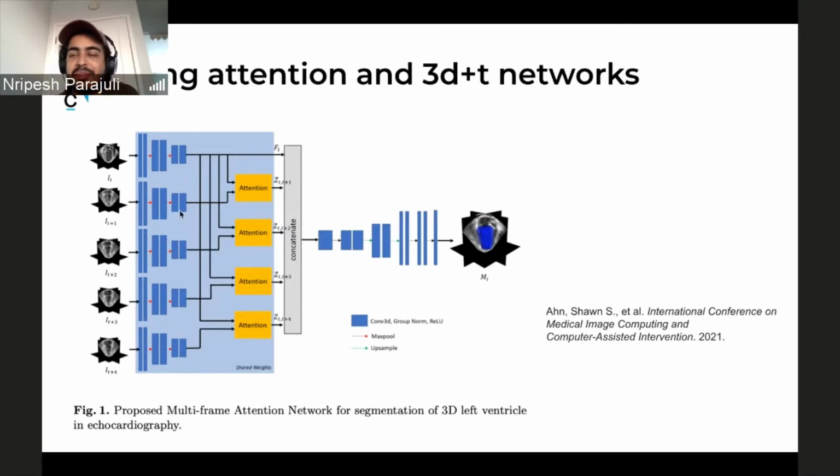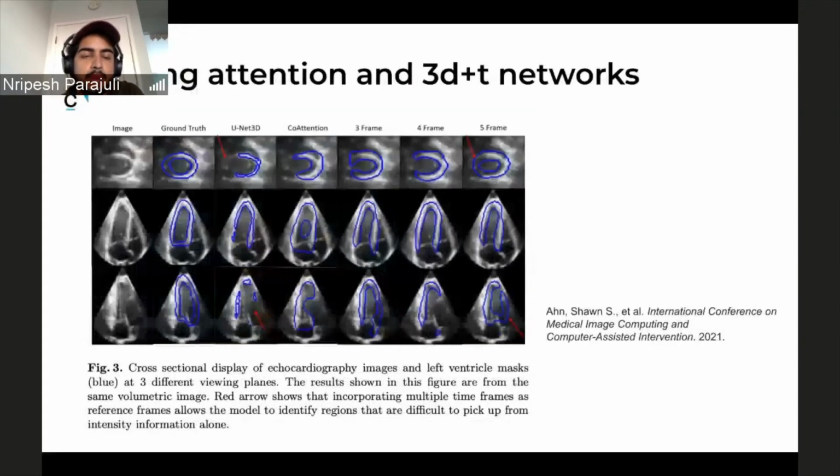Obviously, it was there before as well, but now it's not even a big deal, including things like attention, which to you all may seem like trivial things, but I'll contrast that with industrial work where we're still not doing super advanced AI in some ways, and we're still doing a lot of work in 2D. So this is just an example where segmentation with temporal information and attention improved results.